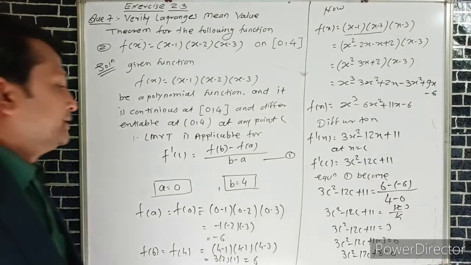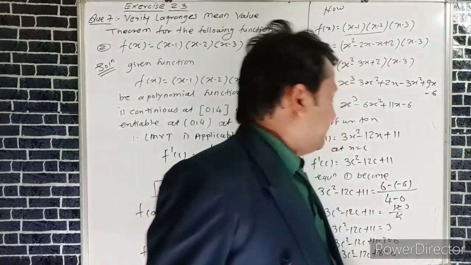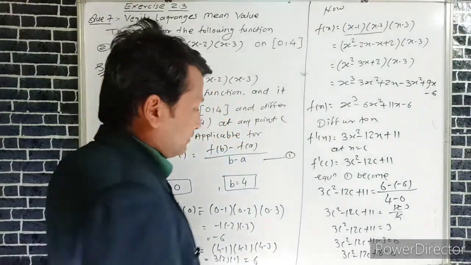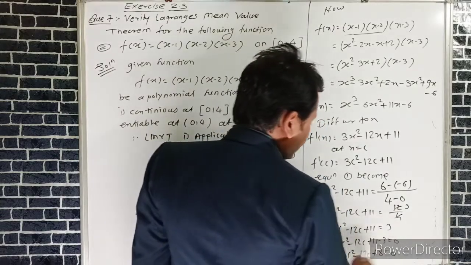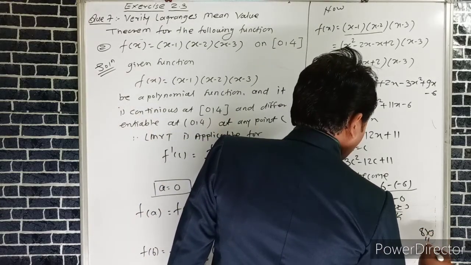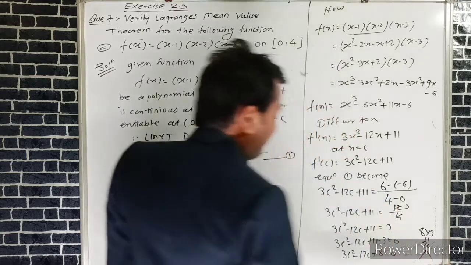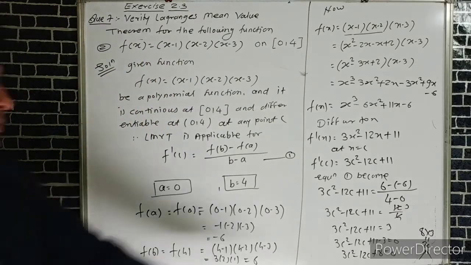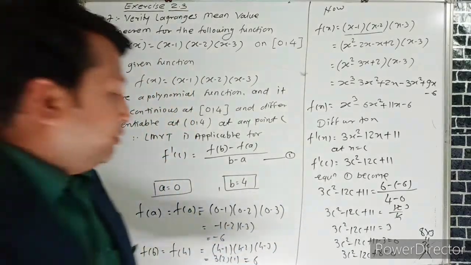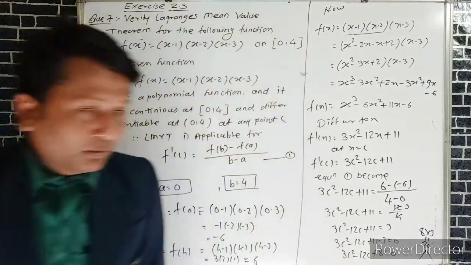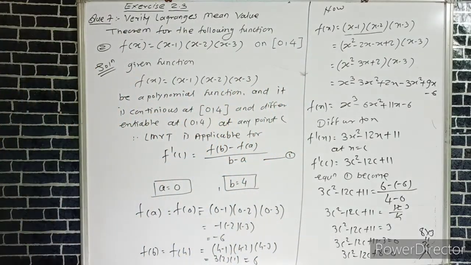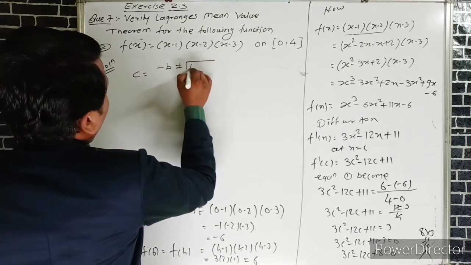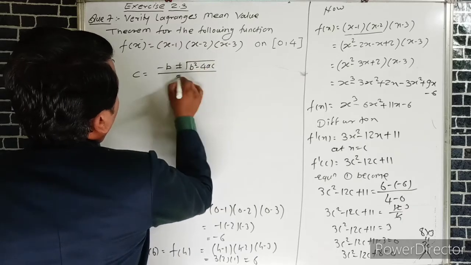Now we have to factorize this 3c square minus 12c plus 8 equals 0 to find the value of c. But here the factors of 8 into 3, which is 24, do not give the remaining minus 12. So we can find the value of c by using the formula c is equal to minus b plus minus under root of b square minus 4ac upon twice a.